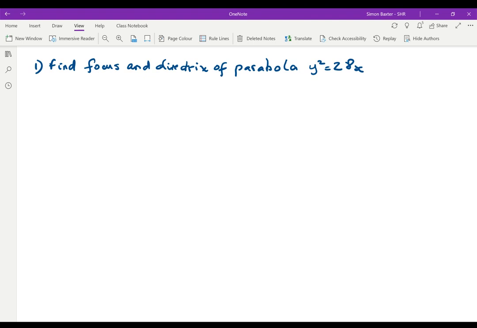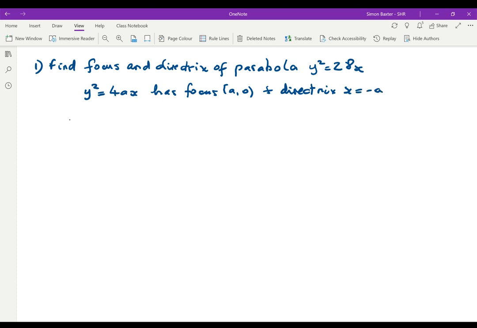Well, remember that the general equation y squared equals 4ax has focus (a, 0) and directrix x equals minus a.